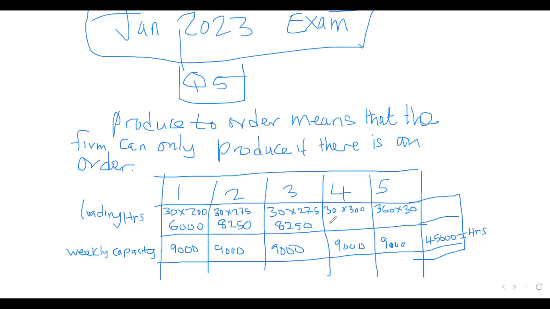Then you have 9,000. Then 360 by 30 is 10,800. Then what we need to do is find the total loading.